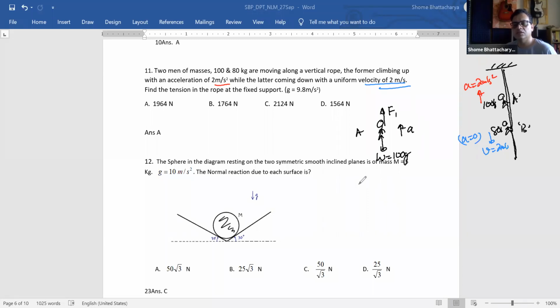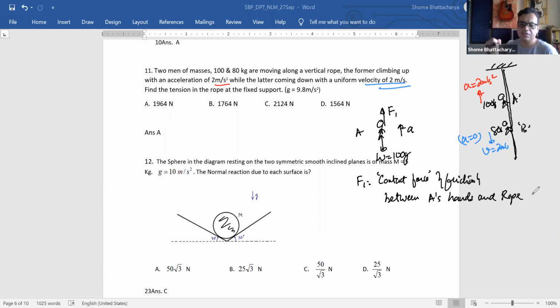This F1 is the contact force, which is basically in the form of friction between A's hands and the rope. He's gripping the rope, and that is providing friction. So basically, he's pulling down the rope, and the rope is pulling him up.